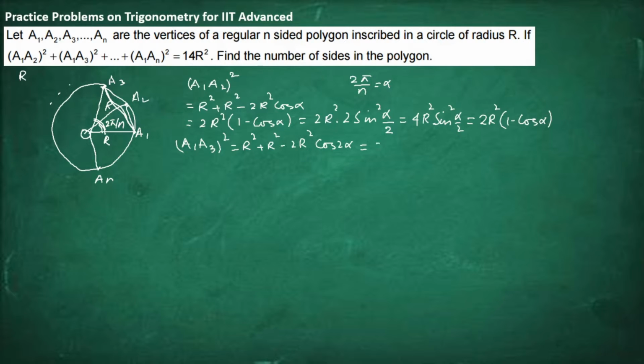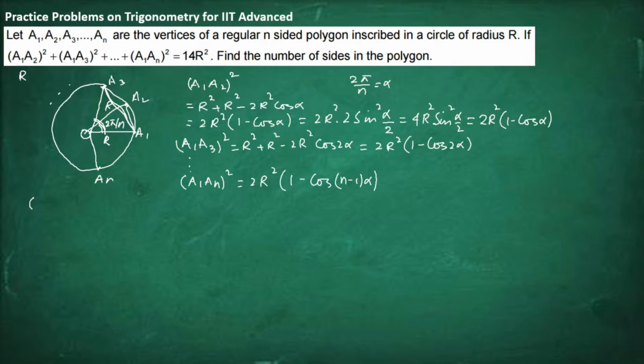So it will become 2R square into 1 minus cos 2 alpha. Similarly, it will go on. So what will be A1AN square? It will be again 2R square into 1 minus cos (n minus 1) alpha. Is it clear to everybody?